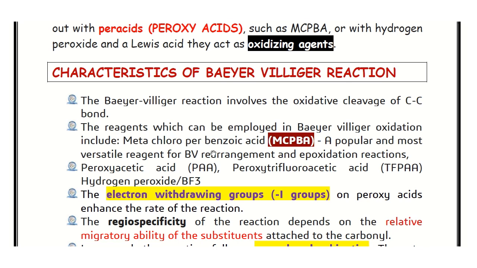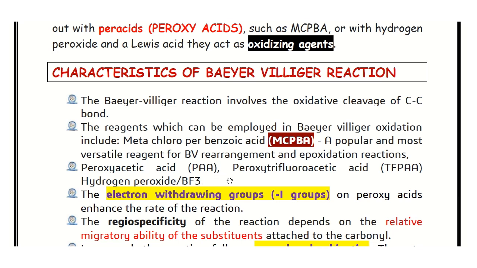This reaction happens with different oxidizing agents or reagent molecules, like metachloroperoxybenzoic acid, which is one of the most versatile reagents for the Baeyer-Villiger oxidation, peroxyacetic acid, peroxytrifluoroacetic acid, and hydrogen peroxide.